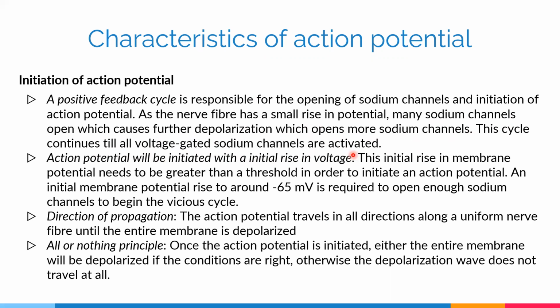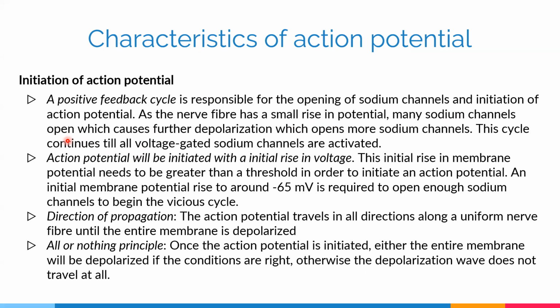What does this mean? As we have seen, the voltage gated sodium channels open once the membrane potential reaches around minus 70 millivolts. So once there is a small rise in potential, many sodium channels open, but this further causes a depolarization.